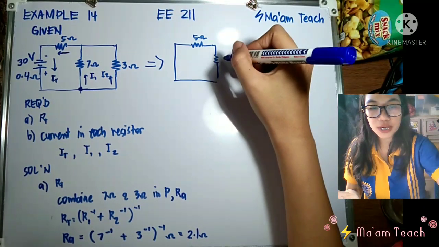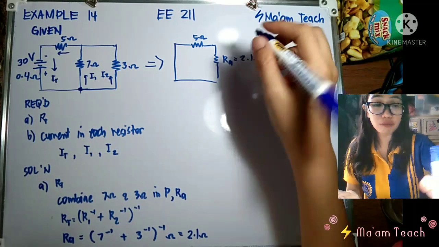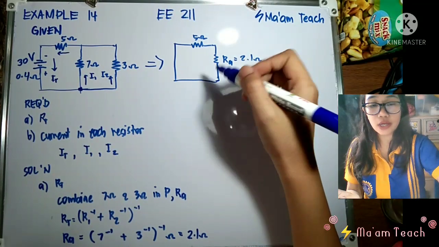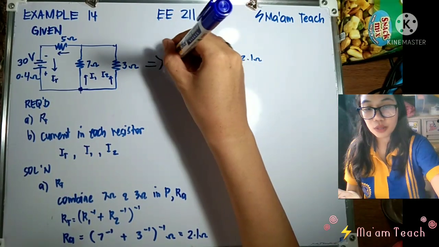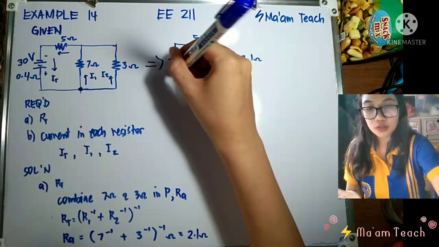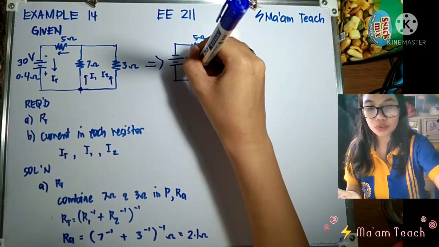Can you follow? So this is already the R sub A, which is 2.1 ohms, because we have combined already, so they become 1. And our supply here will become negative, positive, negative, positive. So this is 30 volts, 0.4 ohms.